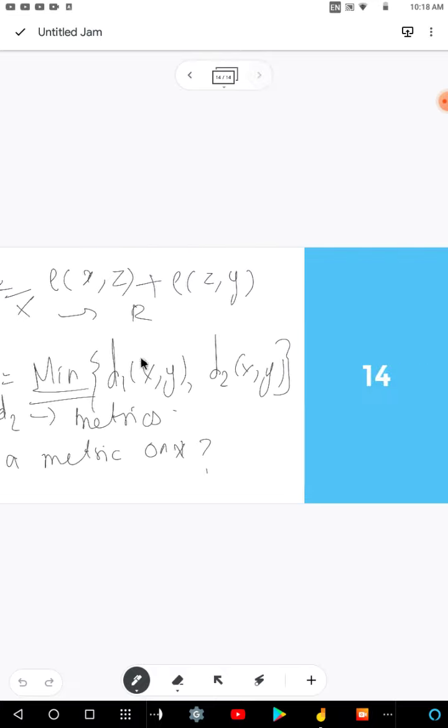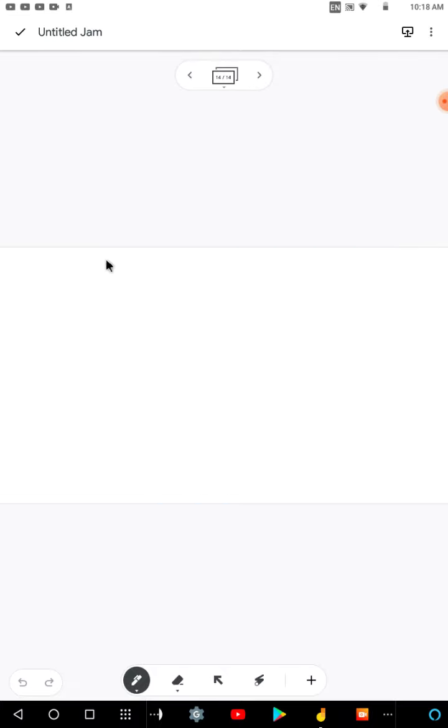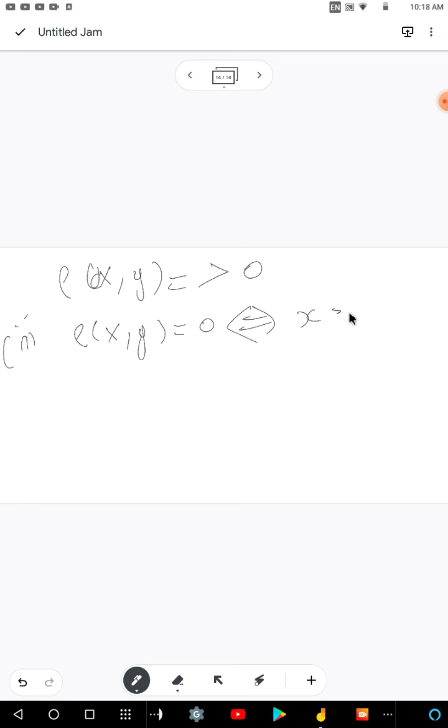Let's try to solve. The first property obviously holds, because any minimum of metrics will be greater than or equal to 0. The second property is rho of x comma y equals 0 if and only if x equals y. The minimum of two metrics will be 0 if and only if x is equal to y, since d1 and d2 are metrics.